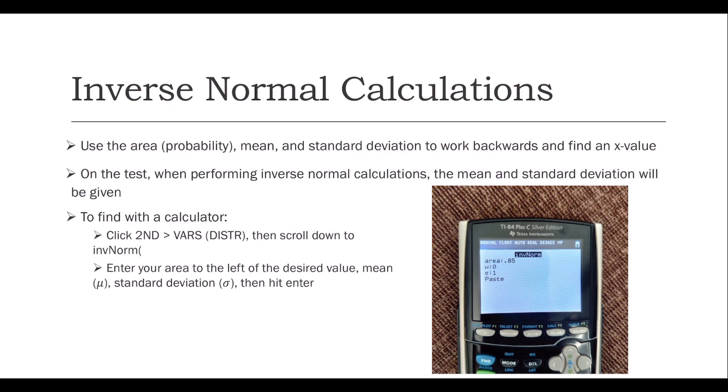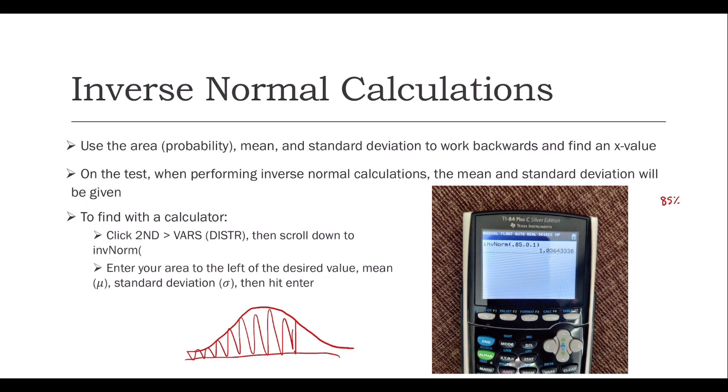You'll enter your area. So if I wanted to know what the 85th percentile was, or what the number is where 85% is below that, your area is always going to be the area to the left of the number, and your standard deviation, and click enter. When you click enter, your screen will look like this, and that number there would be the x value where that much area exists to the left.